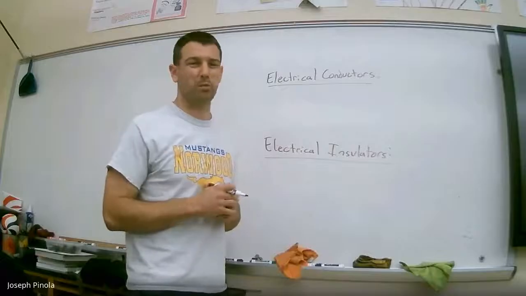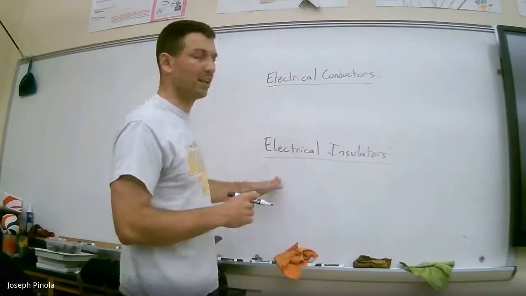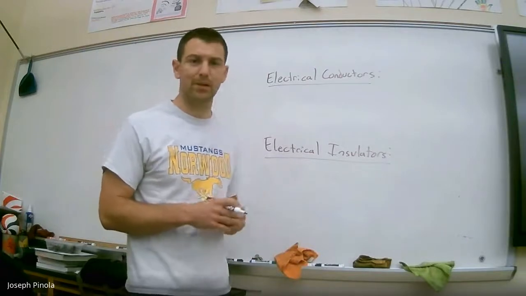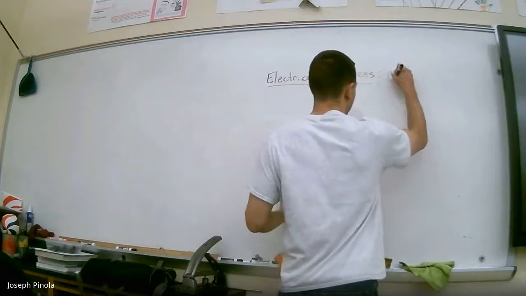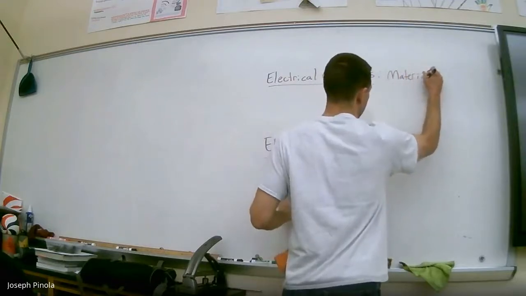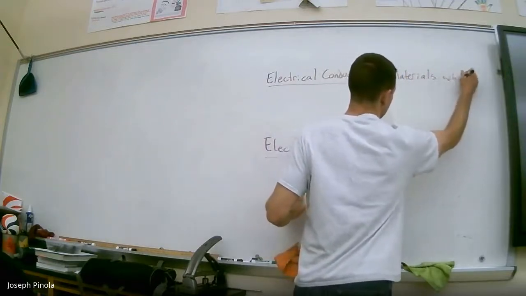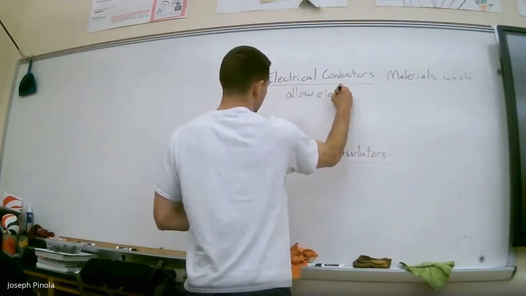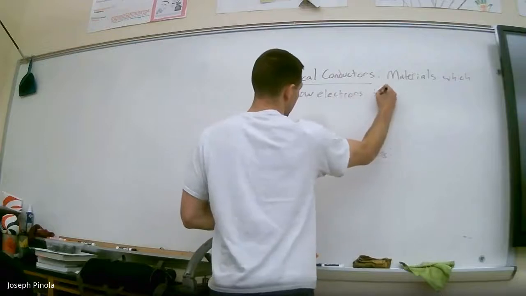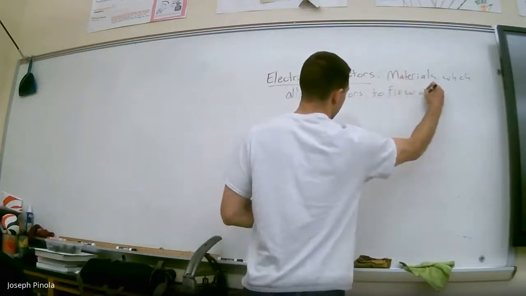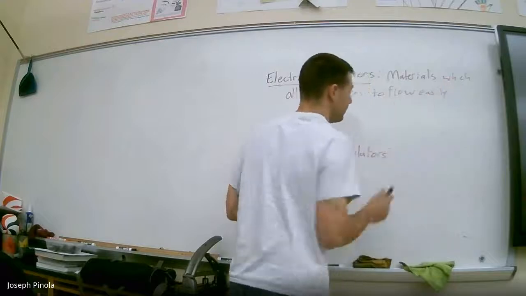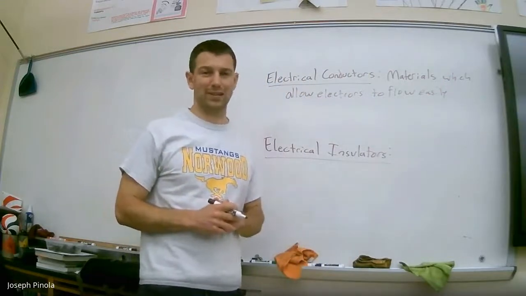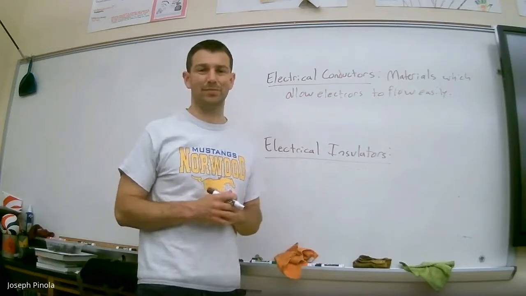So let's summarize what we found about electrical conductors and electrical insulators. Electrical conductors, like the paper clip in our simulation, are materials which allow electrons to flow easily.